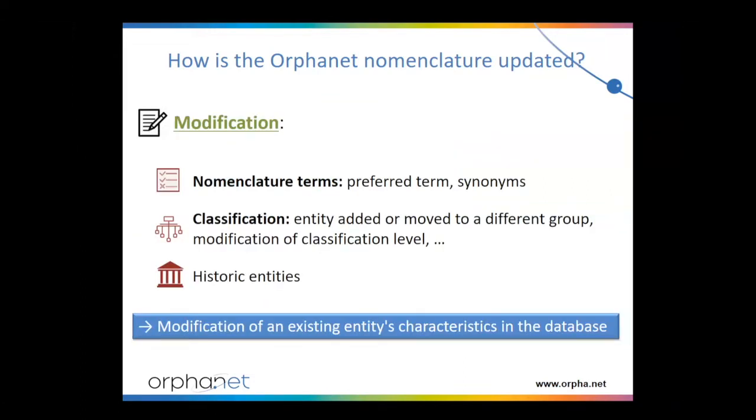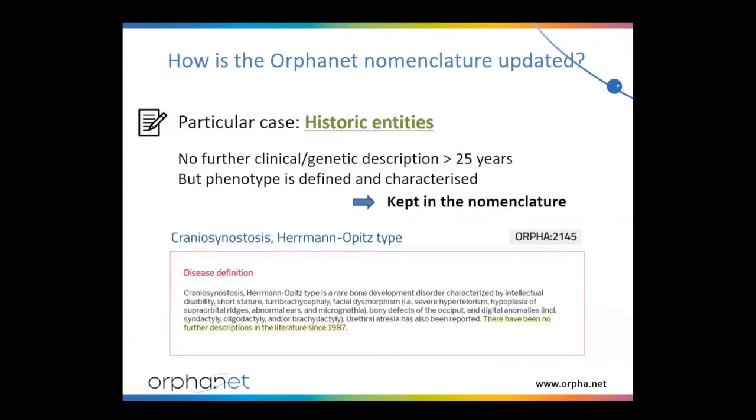The second type of action is the modification of an existing clinical entity. This can be an update of the preferred term or synonyms, or a modification of the classification level. This is quite rare, but it does happen sometimes. We can take an entity out of a classification group and move it to a different group. And some phenotypes can be labeled as historic. This is when a phenotype has been described before the advent of the genetic era, but no new cases or information have been reported since then.